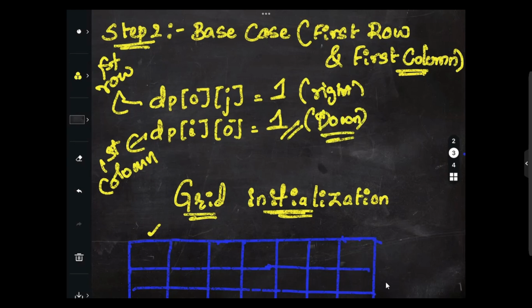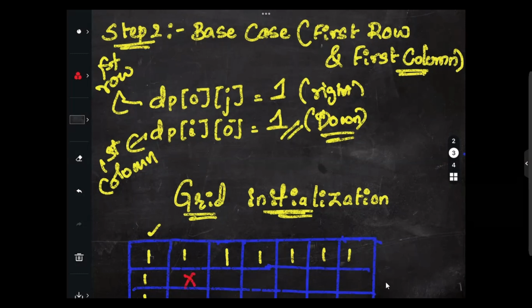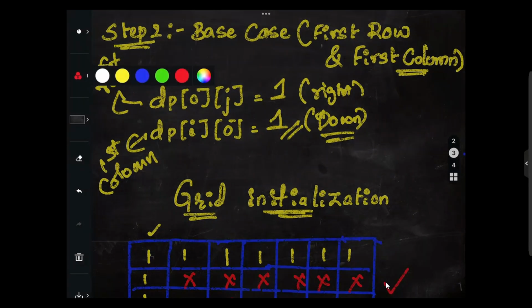Yeah, this is the base case. So we can fill it this way: 1 1 1 1 1 1. We can just ignore the other cells in the grid for now. I hope this is clear.